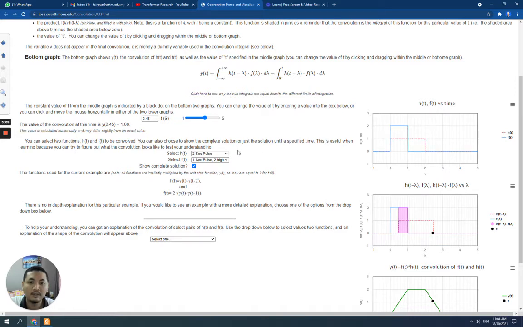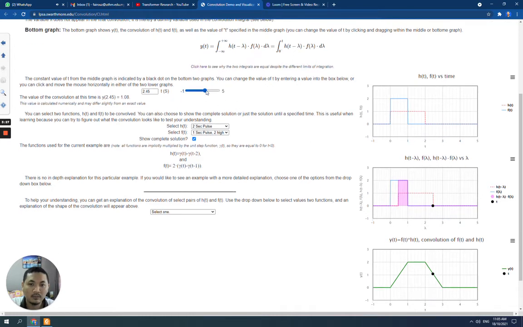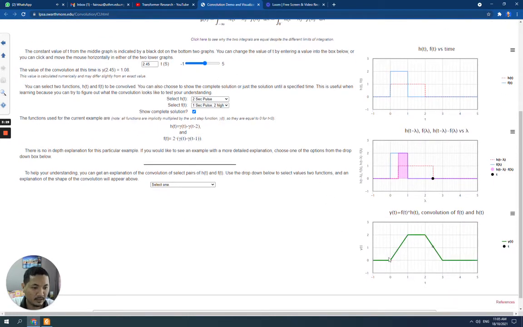If these two signals or functions are convolved, we perform the convolution integral on these two waveforms, and what we will obtain is this result.